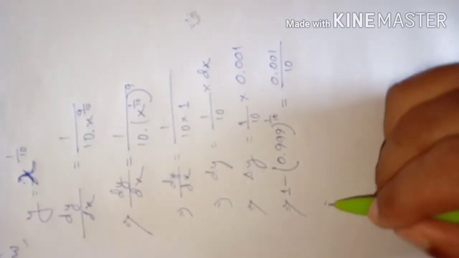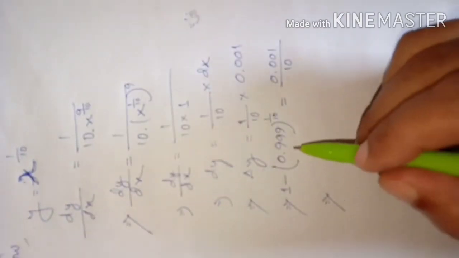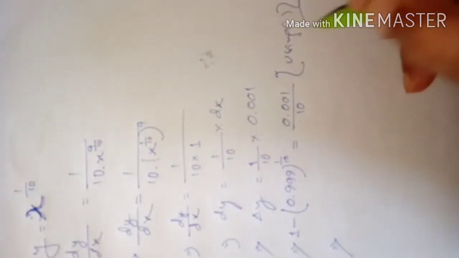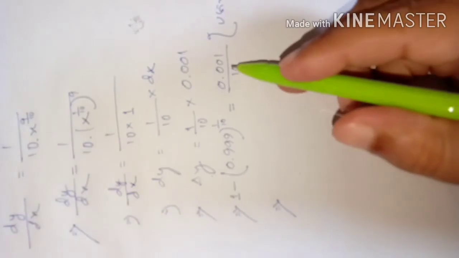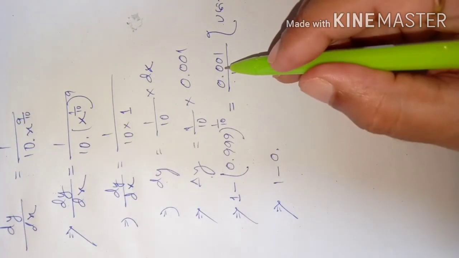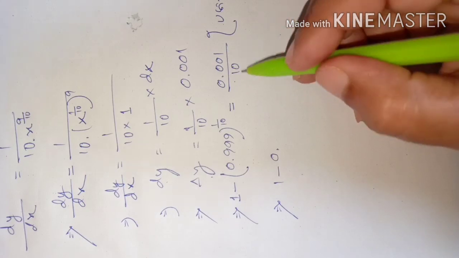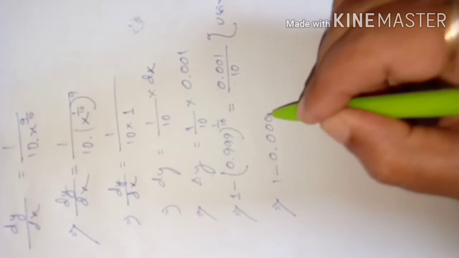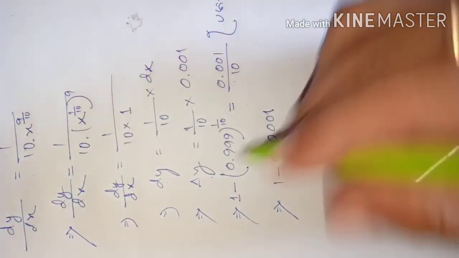So that will give us now the value. It is now 1 minus 0.001 by 10, which is 0.0001. This whole value, and the other term will be taken to that side.